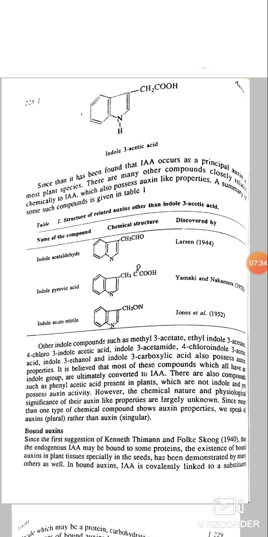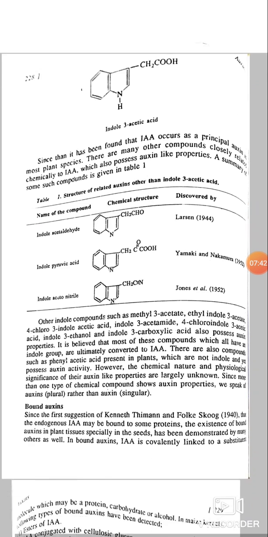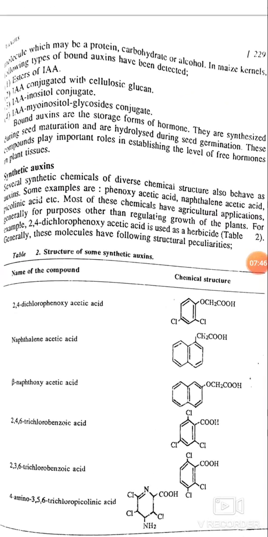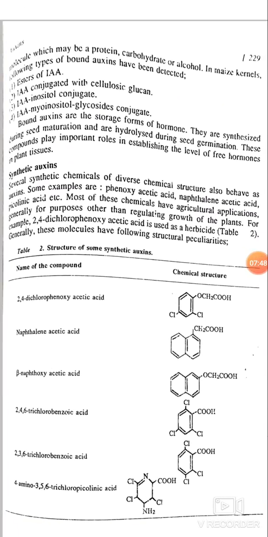In bound auxins, indole acetic acid is covalently linked to a substituent molecule which may be a protein, carbohydrate, or alcohol. In maize kernels, the following types of bound auxins have been detected.